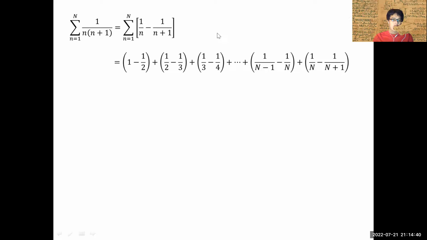From the telescoping series, you can see that half and minus half can be cancelled off. Minus a third and a third can be gone. Minus a quarter and a quarter can be gone. And everything in between can be cancelled off, because you have one sum and one minus, so they cancel each other. Now, what are the only terms that are left?